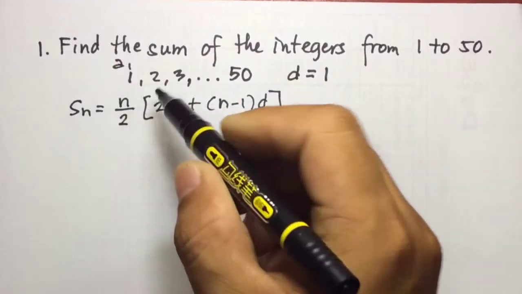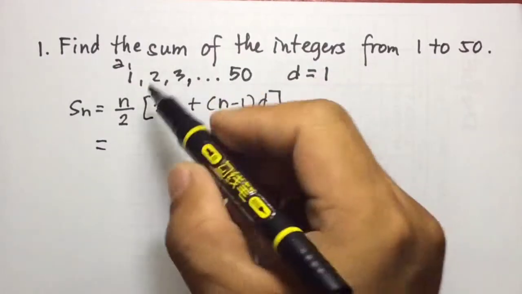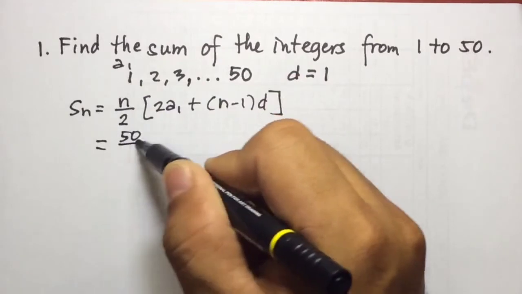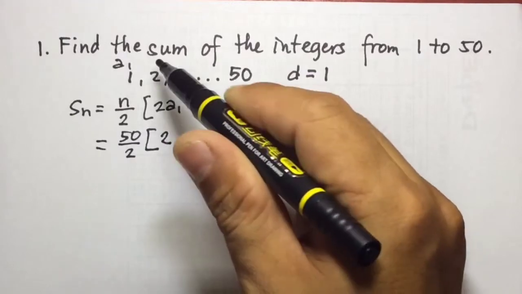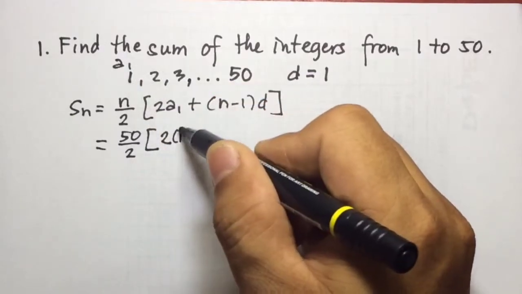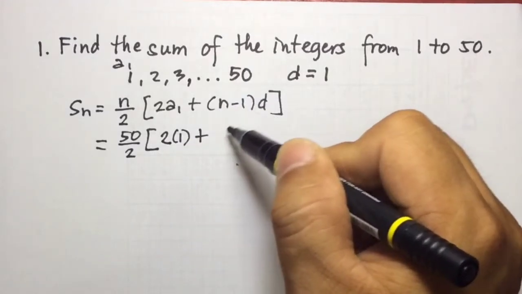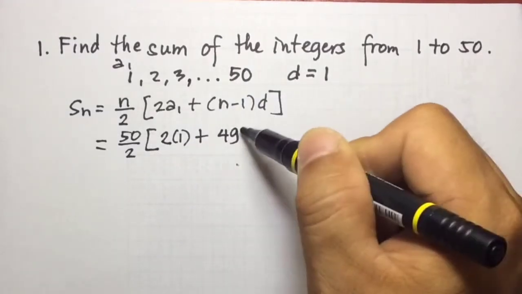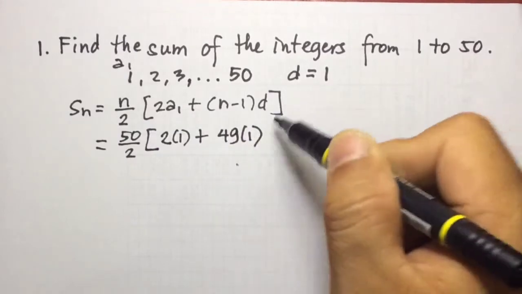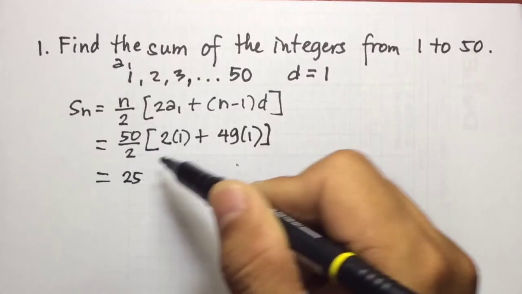We can have this one as the number of terms is 50. So this is 50 divided by 2 times 2, then a sub 1 is 1, times 1. Then plus, this is 50 minus 1, this is 49, times d, common difference is 1. And this is 50 divided by 2, which is 25.